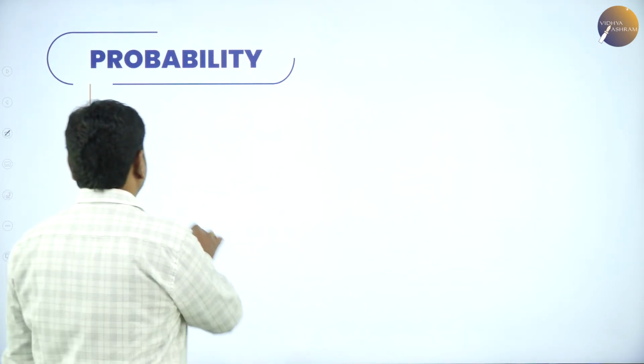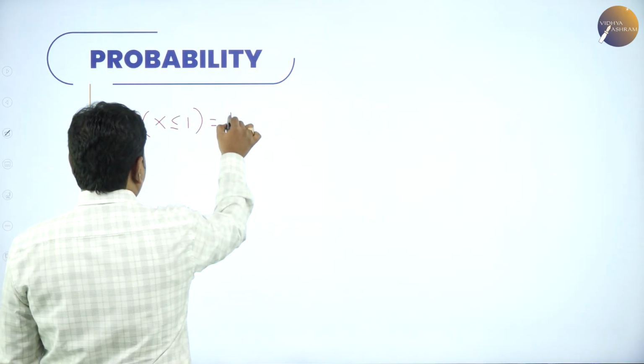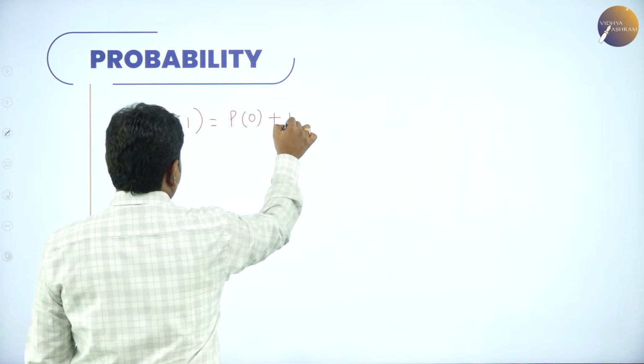So P of x less than or equal to 1 is P of 0 plus P of 1, getting 0 defective bulbs plus 1 defective bulb.